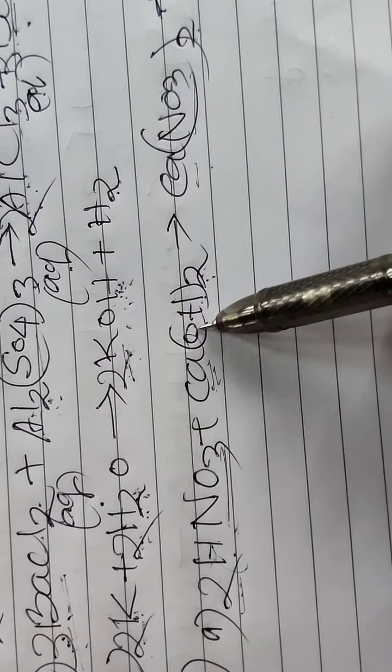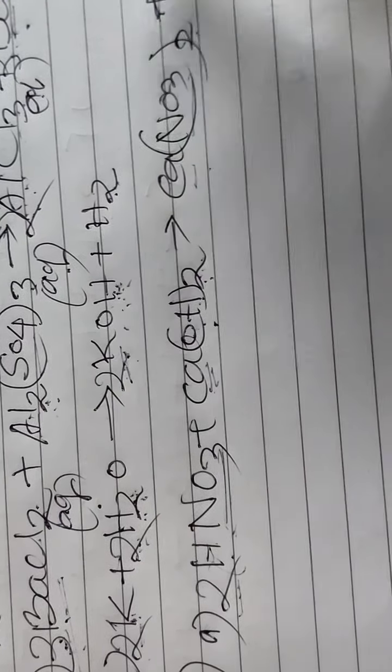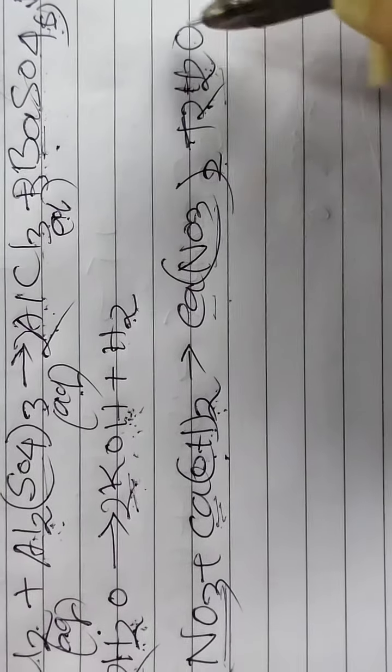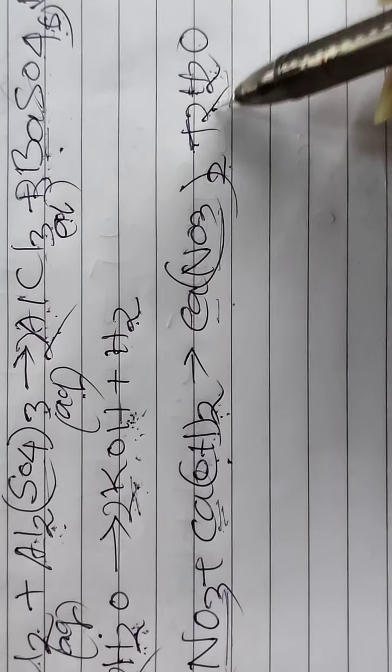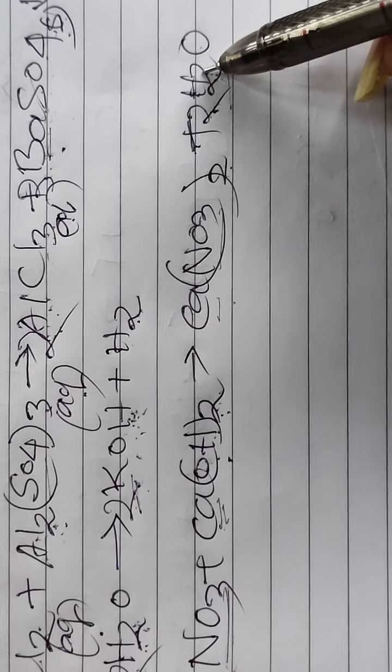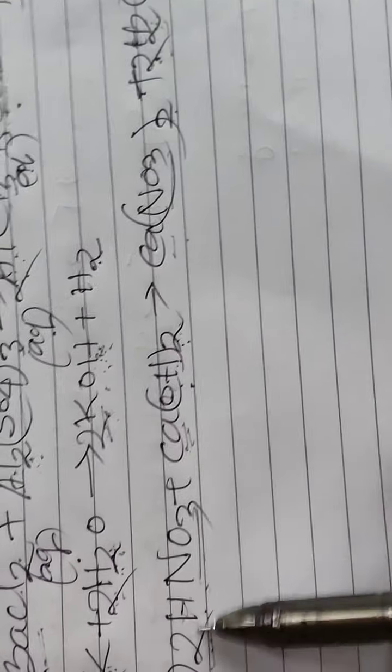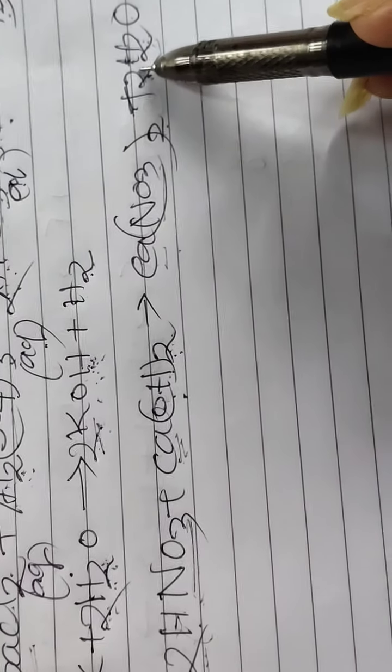OH, okay, this is 2, twice the number of hydrogen. And whenever we put the digit 2, this 2 is multiplied by the other elements also. That is why hydrogen will be 4, and oxygen will be 2. Okay, so this is balanced. So 2, 1, 1, 2, 2.